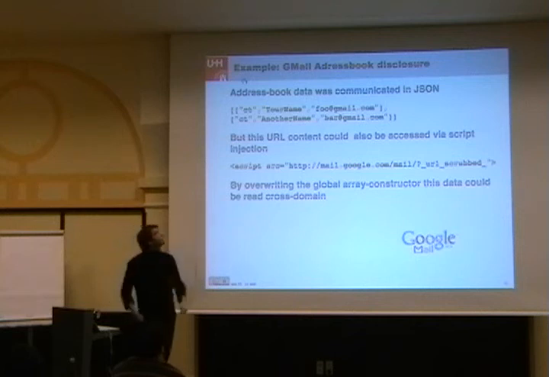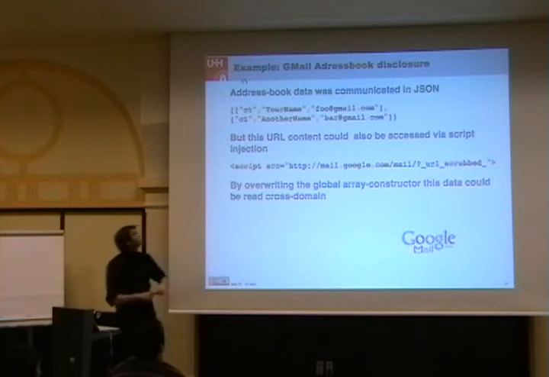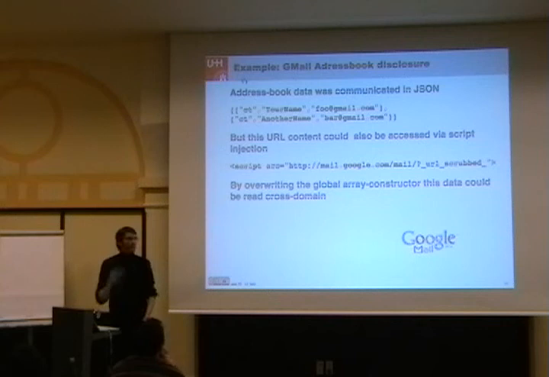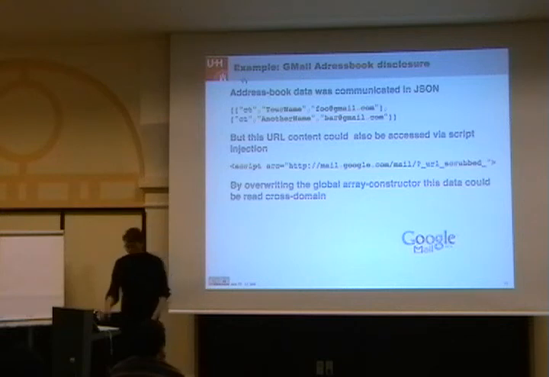So the Google address book was communicated in JSON in the classic array format, and could be read by anybody just by this script. Consider if the user was logged into his Gmail account, and as you all know, it's rather hard to get logged out of your Gmail account. So it was a rather no-brainer exploit.